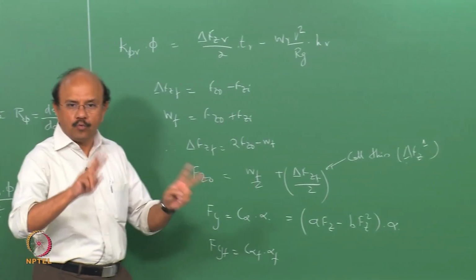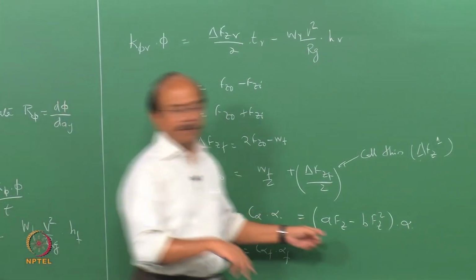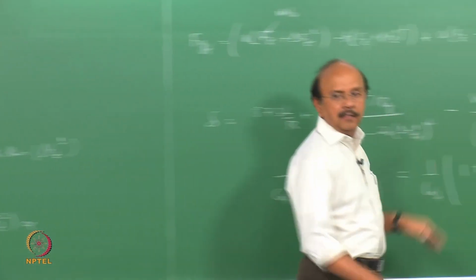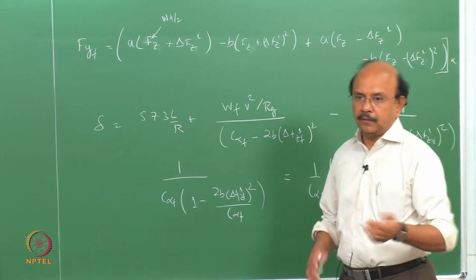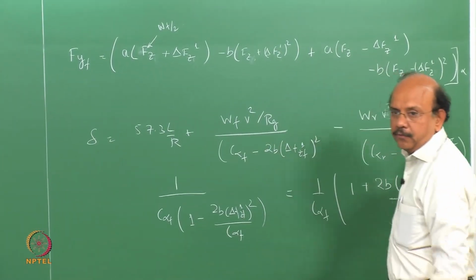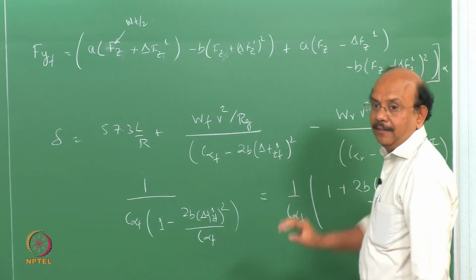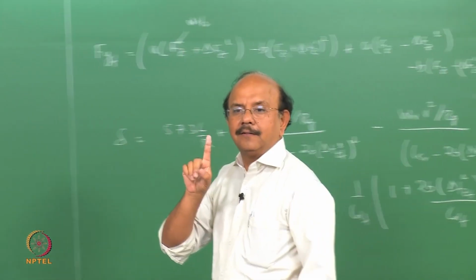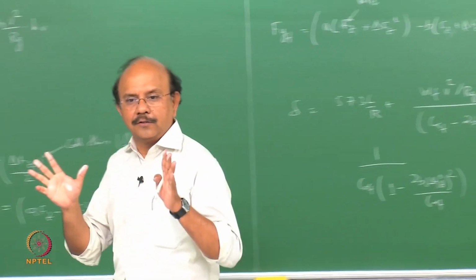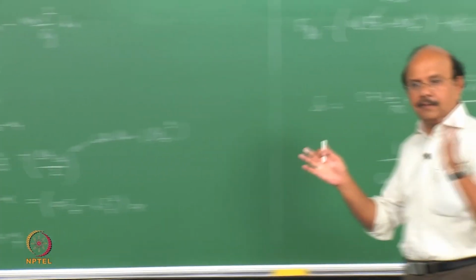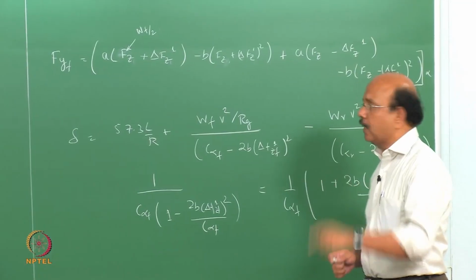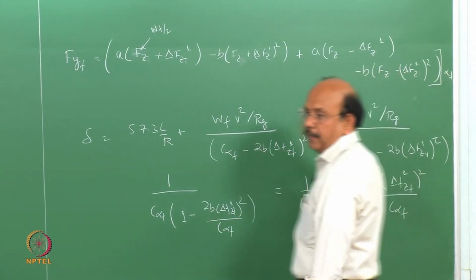I have to substitute, and I will get the sum of two tires' contribution. The first one is the outer tire's contribution, and the second one is the inner tire's contribution, multiplied by alpha. Note that this is a bicycle model, and so we are compressing both tires, replacing two tires with respect to one tire.